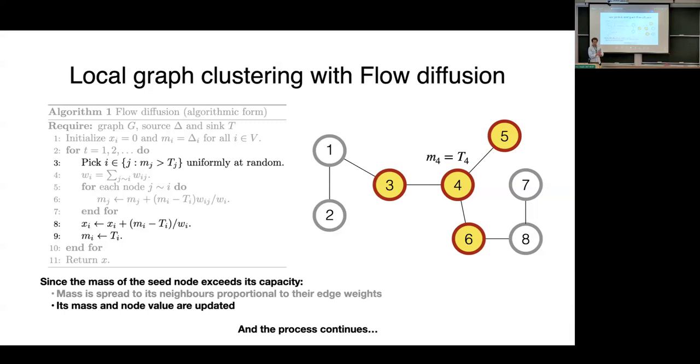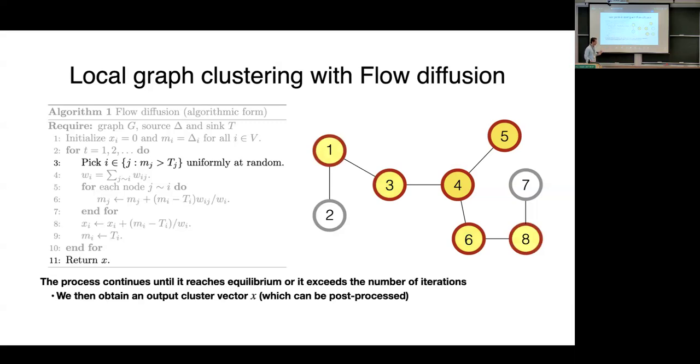This continues until we either reach a state of equilibrium, or typically when we exceed a certain number of iterations, after which we obtain an output cluster, which can then be post-processed, and that would be the indication of the cluster membership. And keep in mind that this is all local because we don't have to explore the entire graph. This is all contained around a certain region around the seed nodes here.